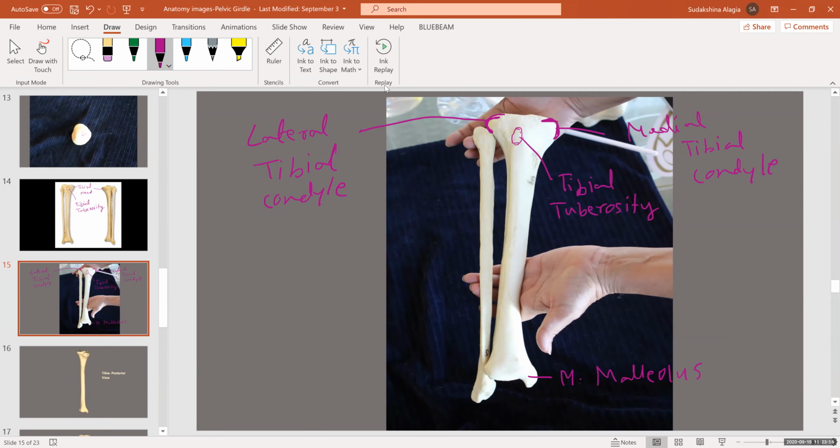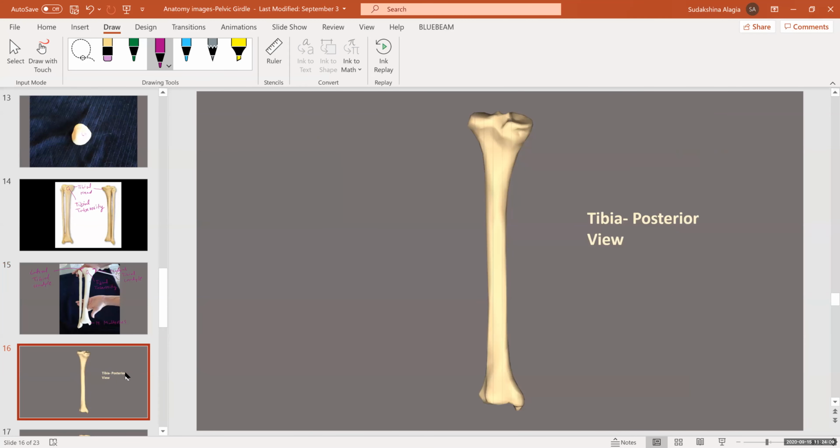This is how the tibia articulates with the femur. Did we get that? This is just to show you a posterior view. So here it is.